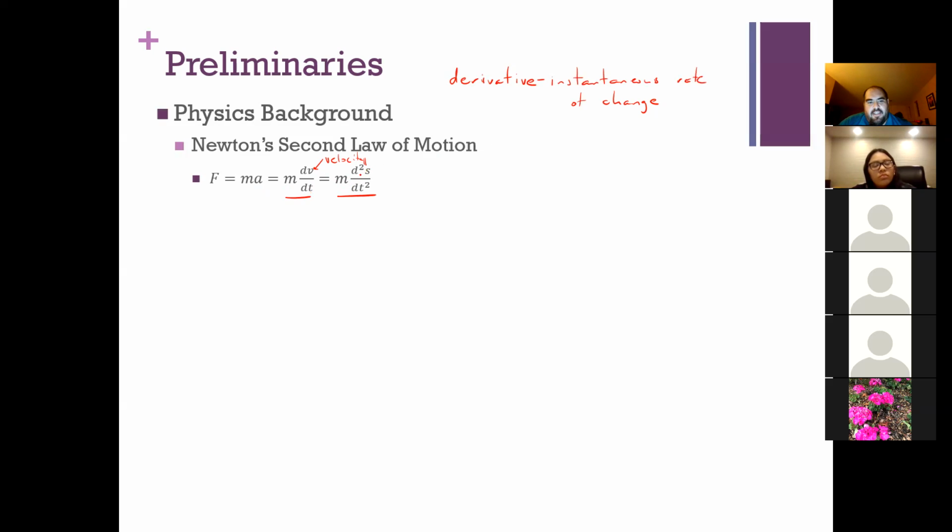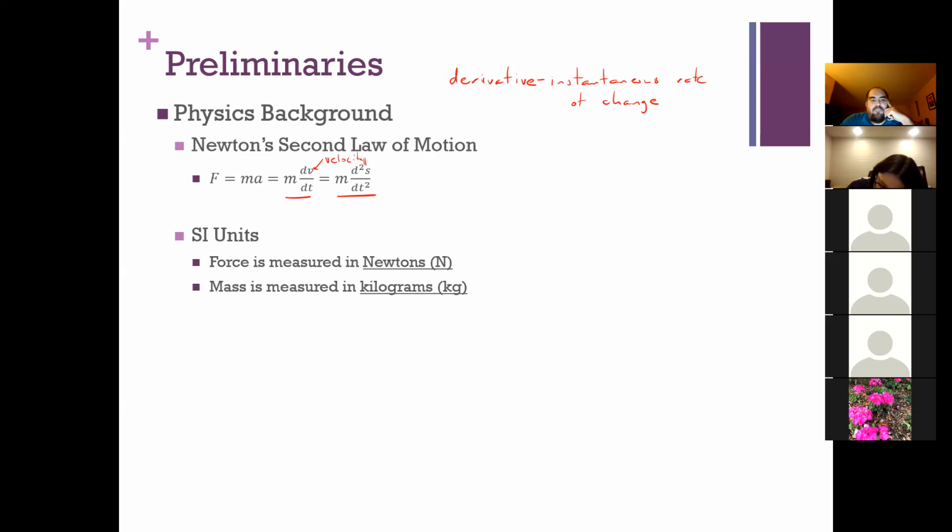We're going to see some of these things as we calculate work using calculus. So how are all these different quantities expressed? If we're looking at SI units, which is what most of the world uses, force is measured in newtons, mass is measured in kilograms, and displacement is measured in meters. For a lot of the calculations, we're going to be using both the SI units and the imperial units.